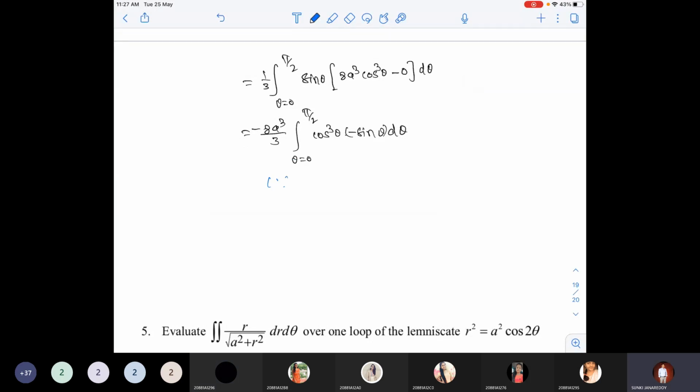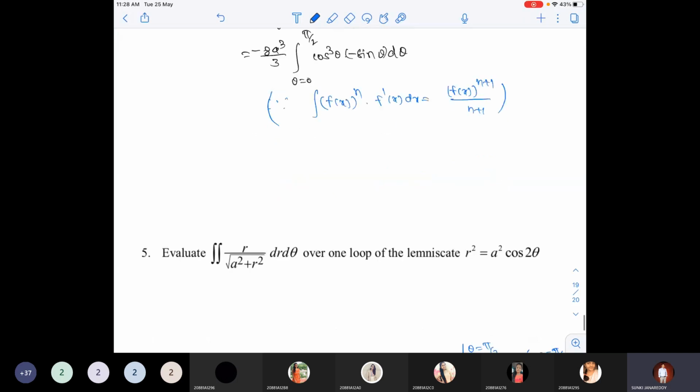Since integral of f of x power n into f dash of x into dx is equal to f of x power n plus 1 by n plus 1, we can use this formula.